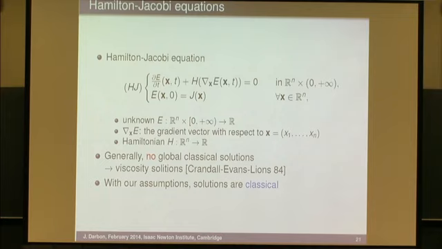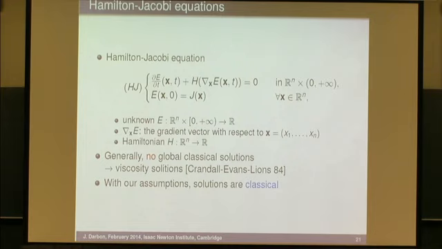So now we can go to Hamilton-Jacobi equations. Hamilton-Jacobi equations with initial value take the following form. What you're looking for here is the function E. This notation here denotes the spatial gradient. H is called the Hamiltonian.